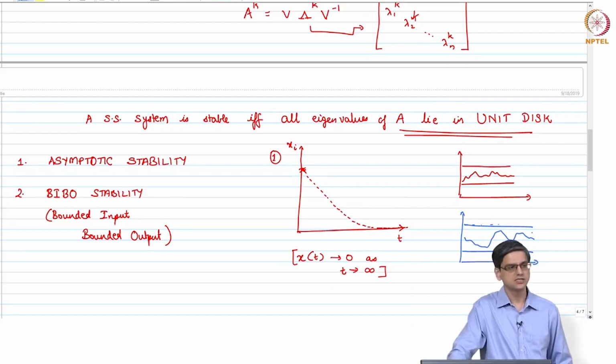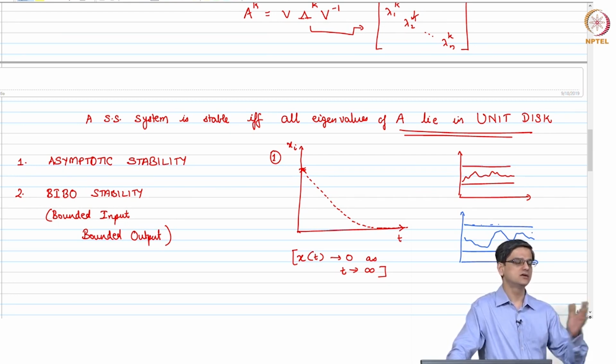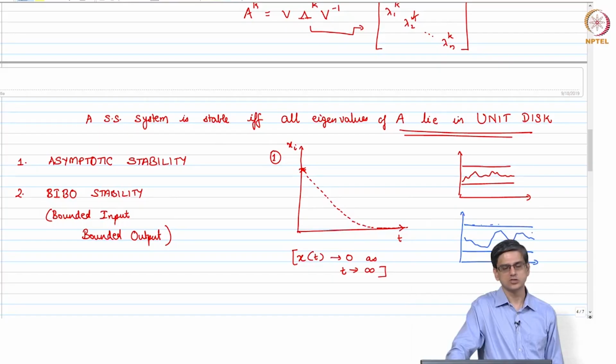That is the statement of BIBO stability. So, asymptotic stability only looks at the autonomous part of your overall state space model, whereas BIBO stability looks at all the 3 matrices A, B and C.